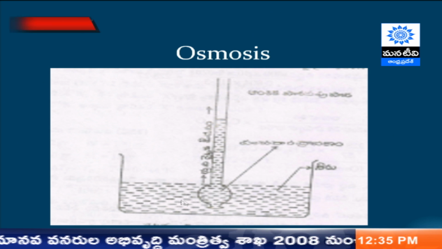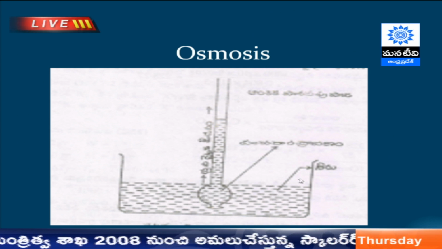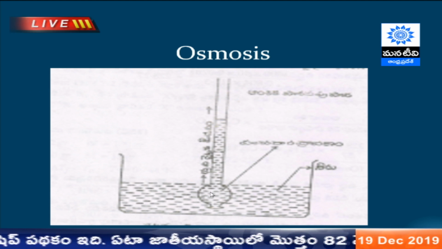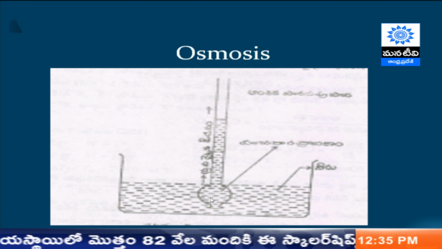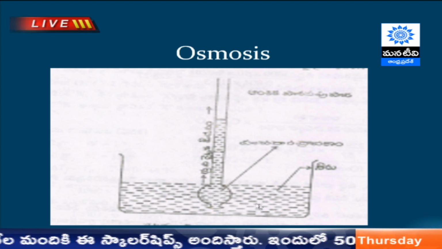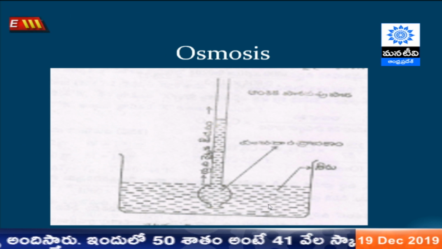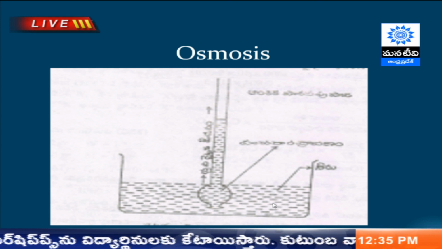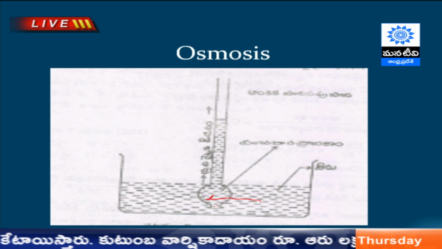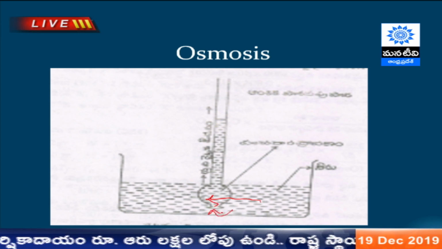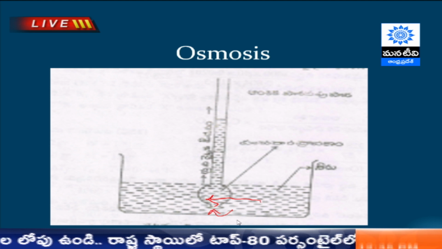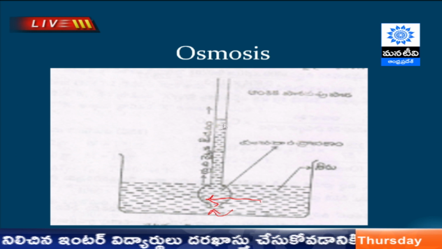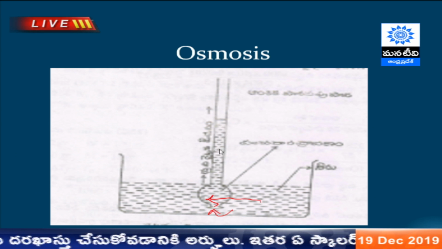Now, what happens is, because water is in the outer vessel and the thistle funnel has the solution, the solvent has no concentration of the solute, hence it is at a lower concentration, hence the water flows from the outer vessel into the thistle funnel through the semi-permeable membrane, and due to this there is an increase in the level in the tube of the thistle funnel.